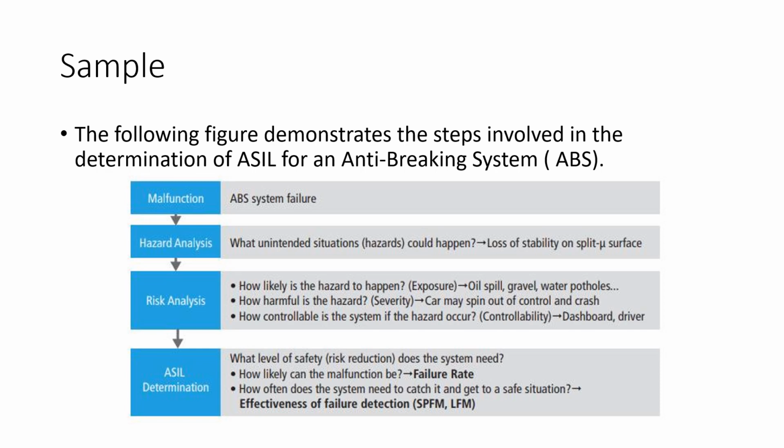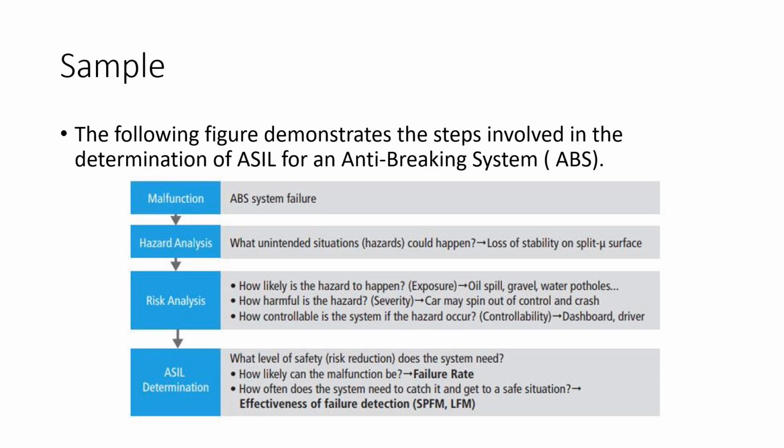What level of safety does the system need? That means how we can reduce the risk and the impact of the failure. This is the attempt we make while implementing the safety standards. How likely can the malfunction be?